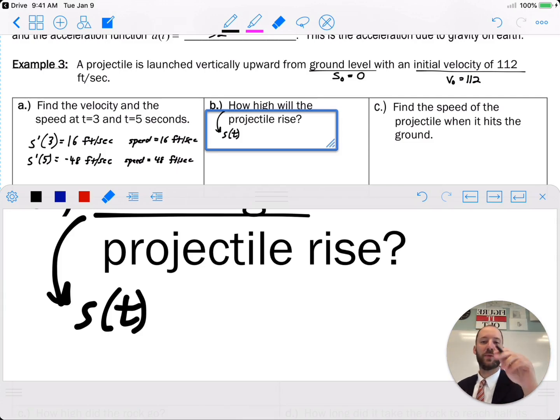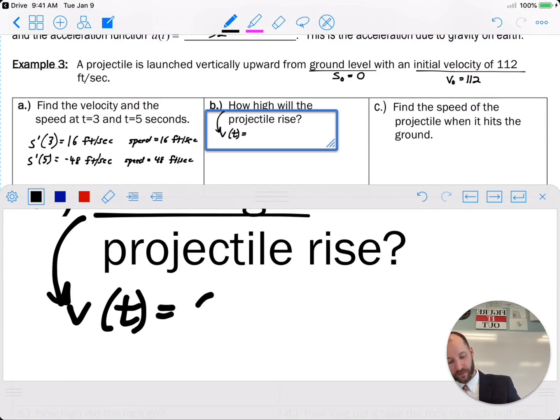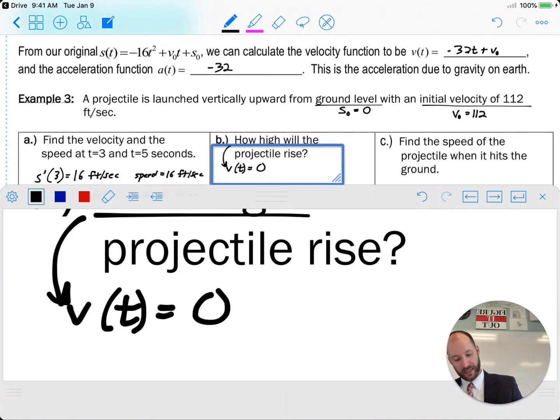So anyways, going back, I misspoke earlier. How high will the projectile rise? We know eventually we want position. But to solve that, how high the object rises, at the peak, the velocity will be 0. So we want to set velocity equal to 0. So our velocity is negative 32t plus v naught.